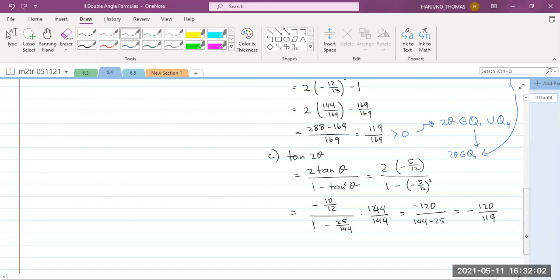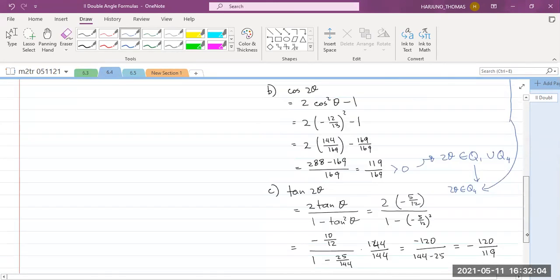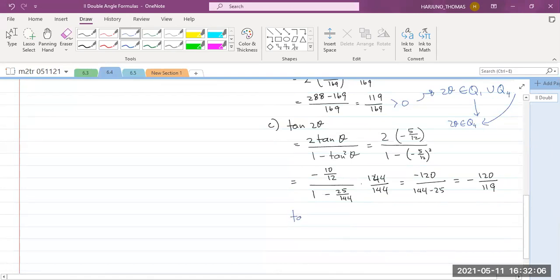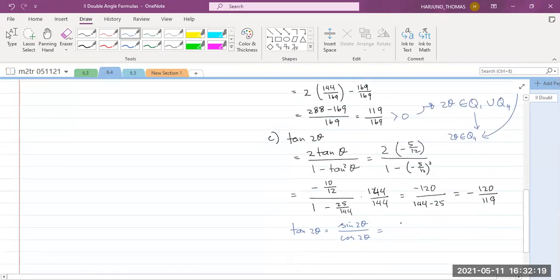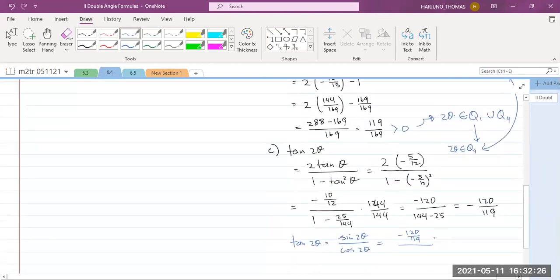However, part C can also be done easily another way. Tangent 2 theta can be found by taking sine 2 theta over cosine 2 theta, both of which we already have. Sine 2 theta is negative 120 over 169, and cosine 2 theta is 119 over 169.